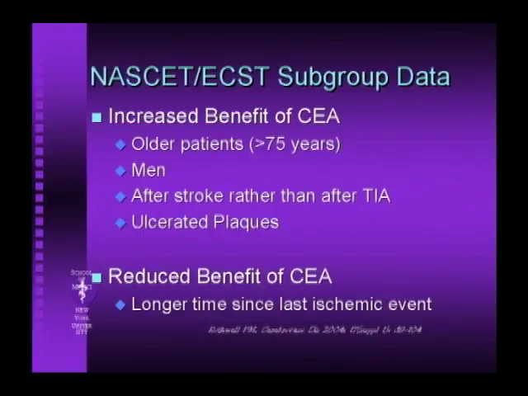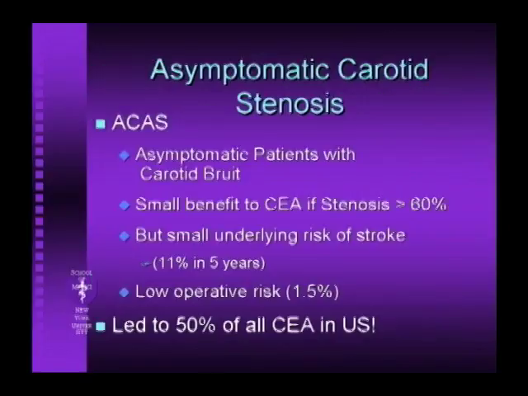In men more than women, I have no idea why that is. After a stroke rather than after a TIA, also sort of makes sense, suggests that maybe there's something more serious going on. And if you can demonstrate ulcerated plaques. This is probably the most interesting, which is that there was reduced benefit to intervention if it was a long time after the last ischemic event. So those are just issues to keep in mind as we work up these patients.